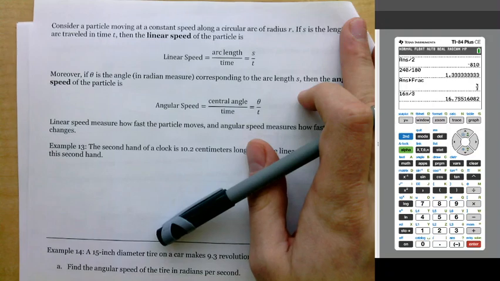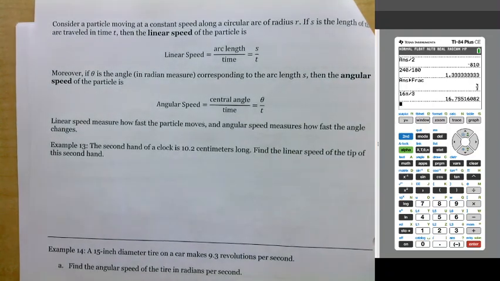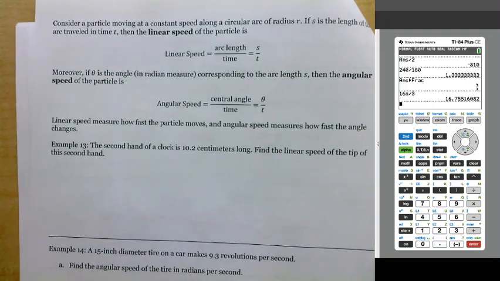It's got two more things, linear speed and angular speed. So, to find the linear speed of some particle, we have to take the arc length that the particle is traveling around and divide it by the time it takes to travel along that arc. We use s for arc length and t for time.